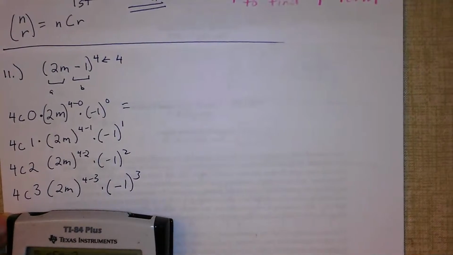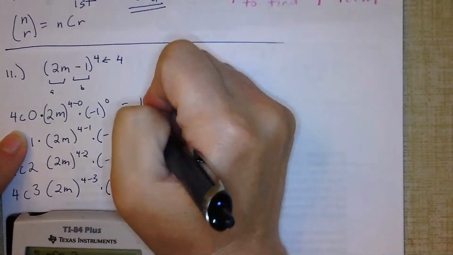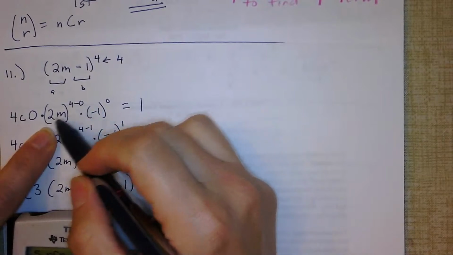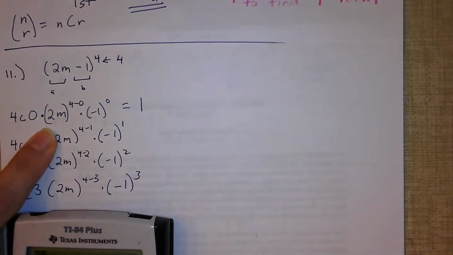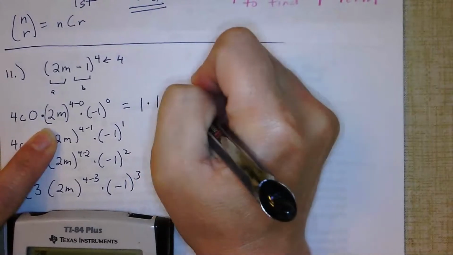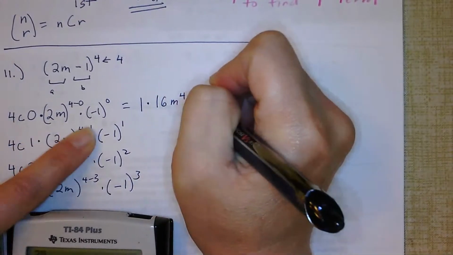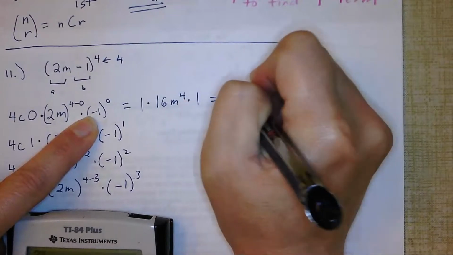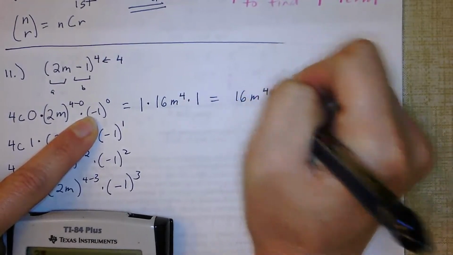So now I've got 4C0, which I know is 1. And now 4 minus 0 is 4. 2 to the 4th is 16. So I have 1 times 16 m to the 4th. And then negative 1 to the 0 is 1. So that tells me my first term is 16 m to the 4th.